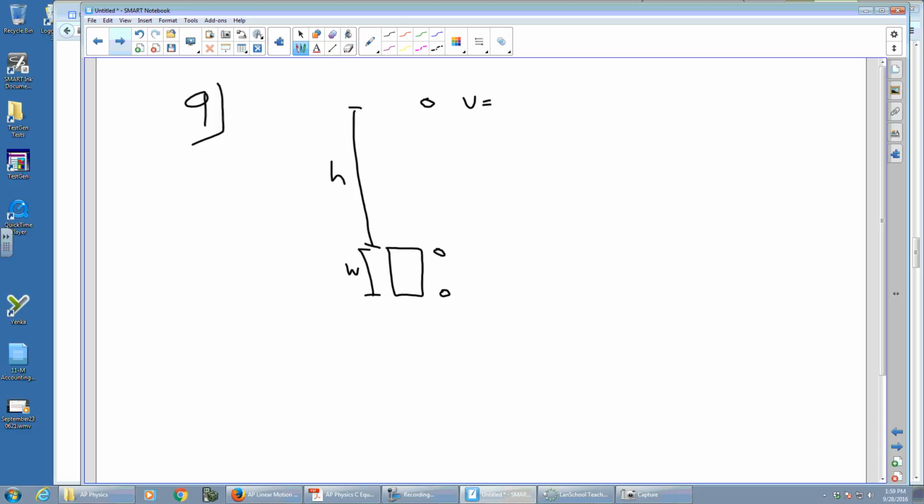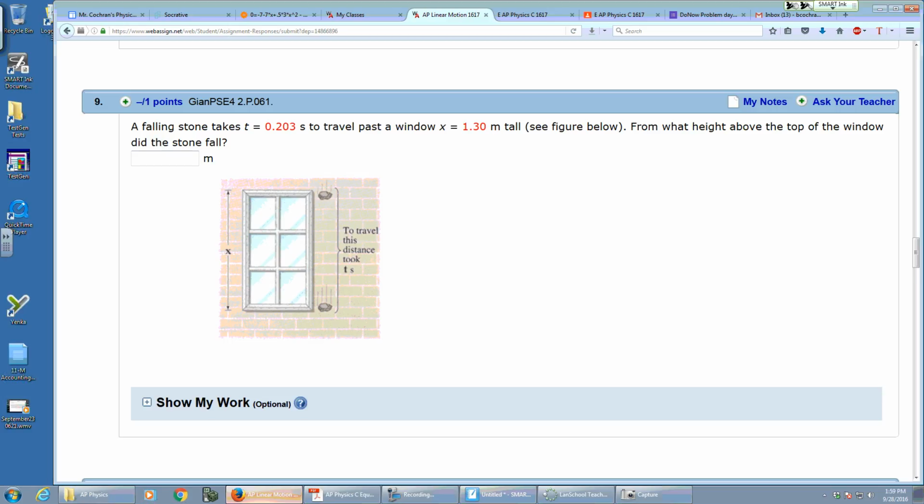We know that its initial velocity was 0. How from our problem do we know that the initial velocity was 0? Yeah, it doesn't actually say that. I wish they had said drop, but we have to assume that.